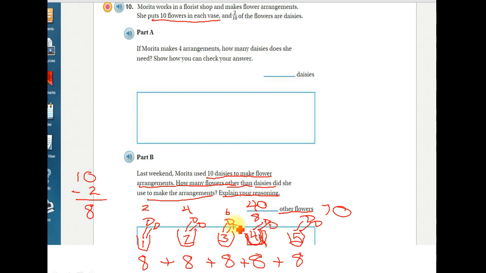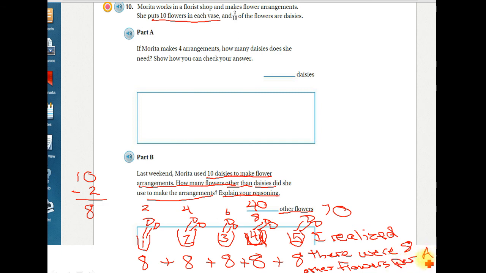Now again, as far as explaining your reasoning, you just kind of put in words what you did. So I realized there were, and I'm going to run out of space, 8 other flowers per, I'm just going to put an A for arrangement, but you guys will be able to write it out.